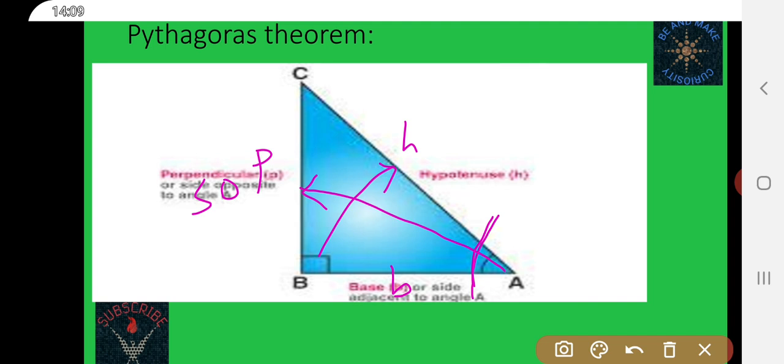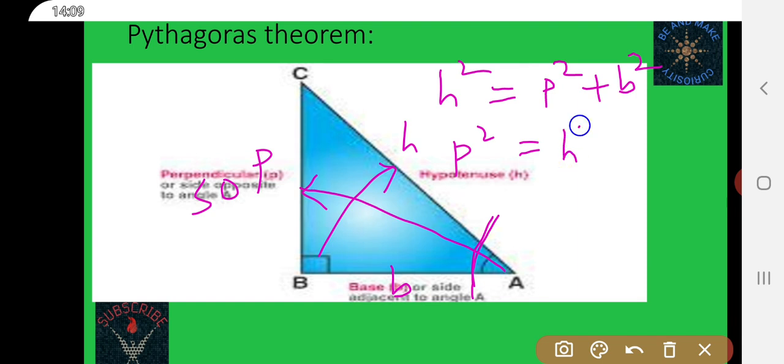So you know the relation: h square is equal to p square plus b square. You can also write p square is equal to h square minus b square, and b square is equal to h square minus p square.